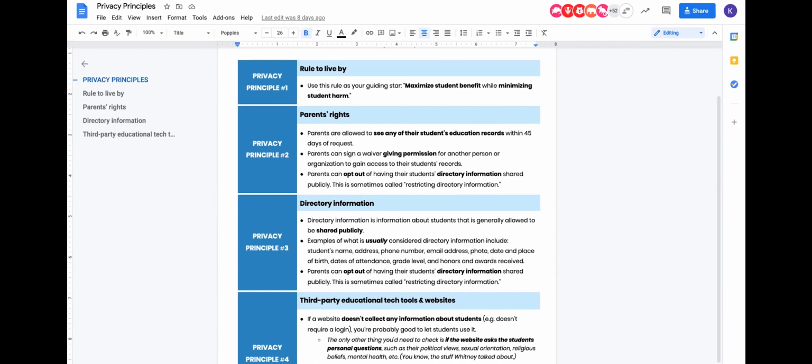Well, yeah, and if I can just address that, because you did ask me. I think it really just comes back to principle one, and also what Holly said, about minimizing student harm: who's the least number of people we can share this with?